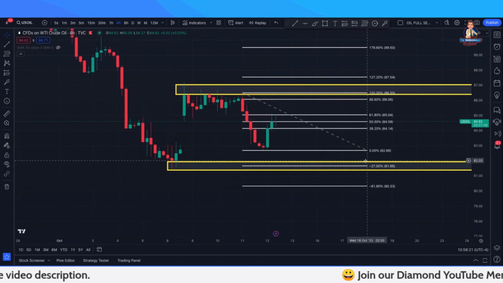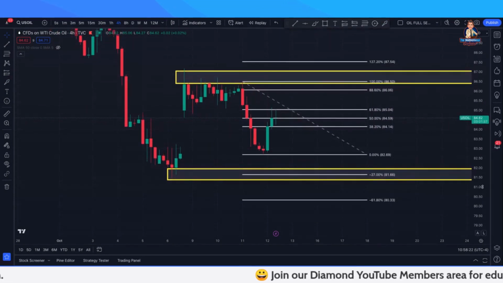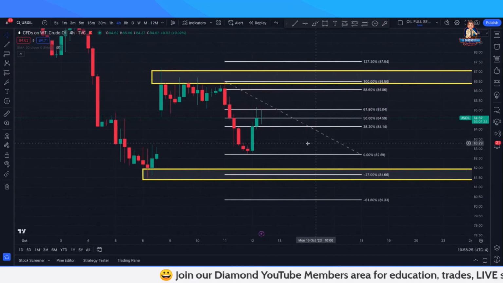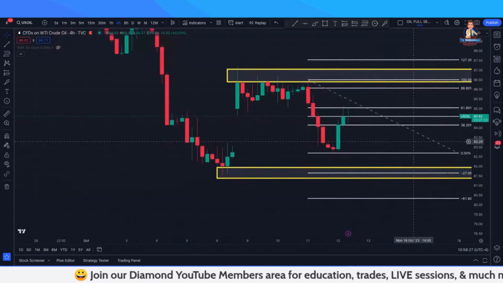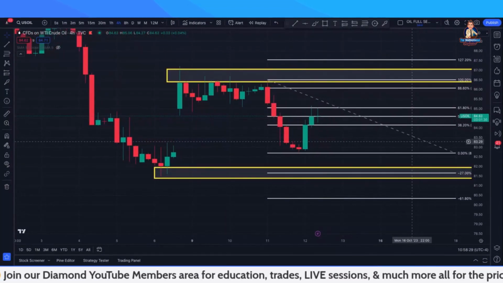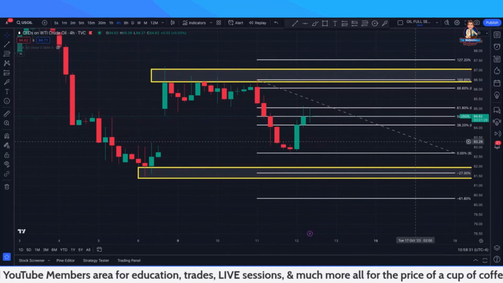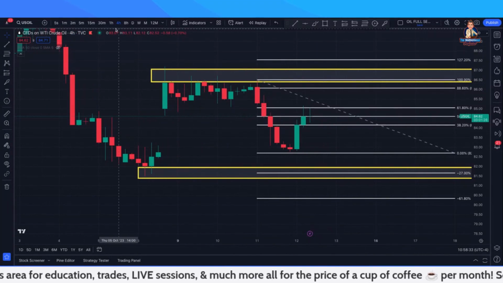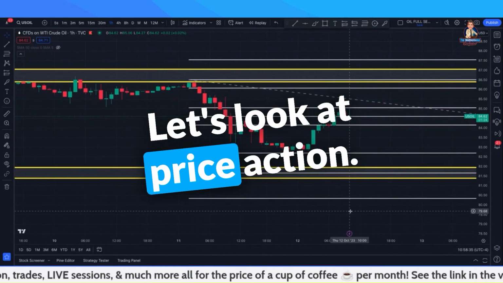So we're sitting on a nice fib level where we have seen some form of rejection. I'm going to leave that fib level up here, and we're going to walk it down now to the 1 hour chart to start looking at price action.